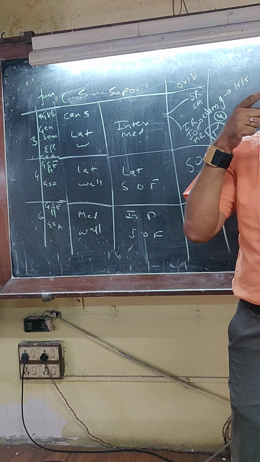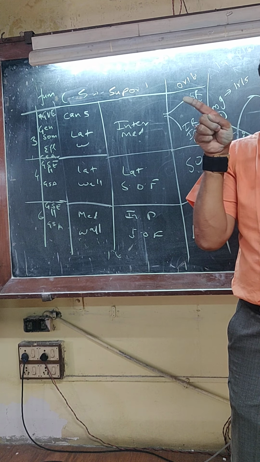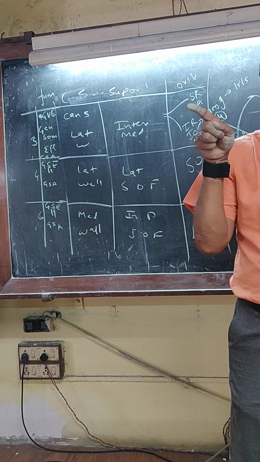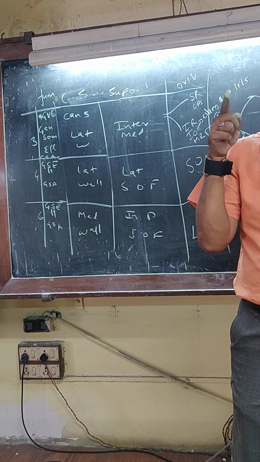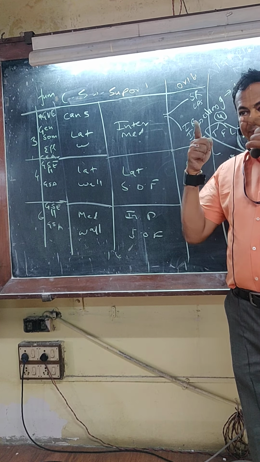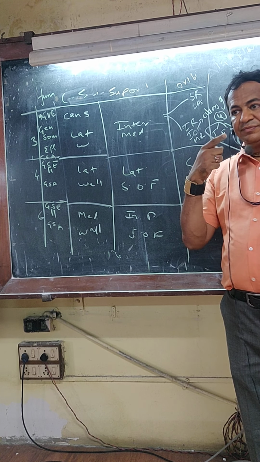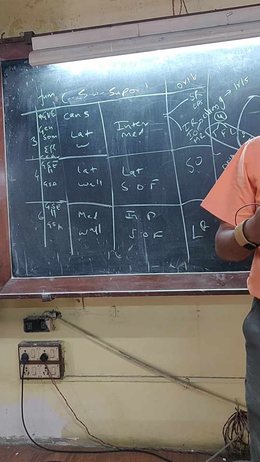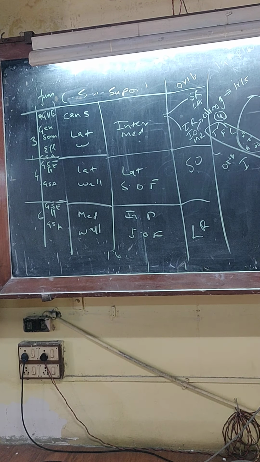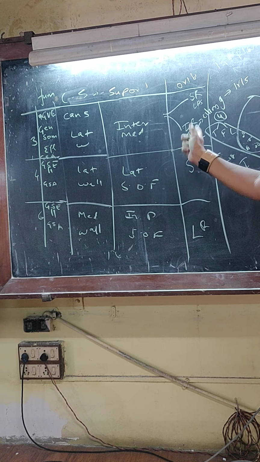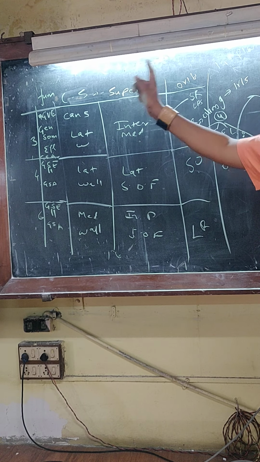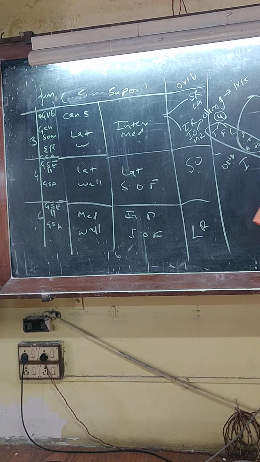If the medial rectus is paralyzed, the eye goes lateral, so lateral squint. If the sixth nerve is paralyzed, there will be a medial squint. Okay, so this is how we identify based on the squint. Medial squint means the lateral rectus is paralyzed. Lateral squint means the medial rectus is paralyzed, which means there is damage to the third nerve.